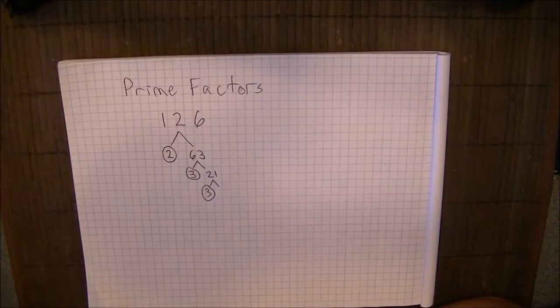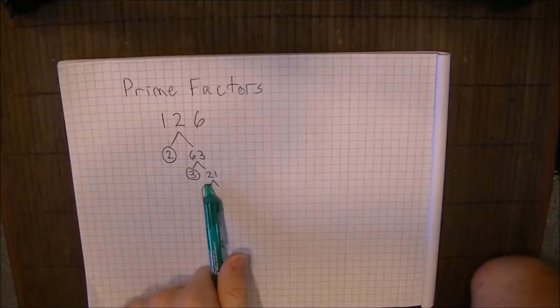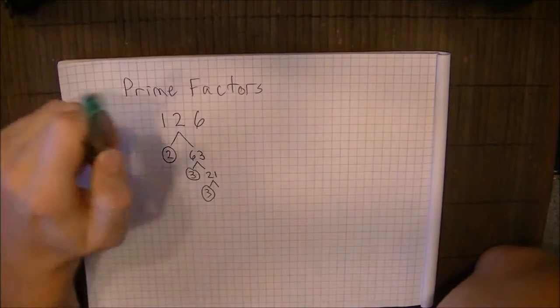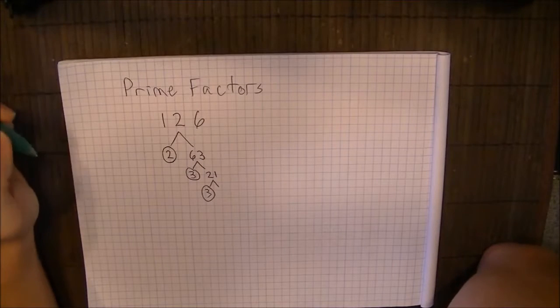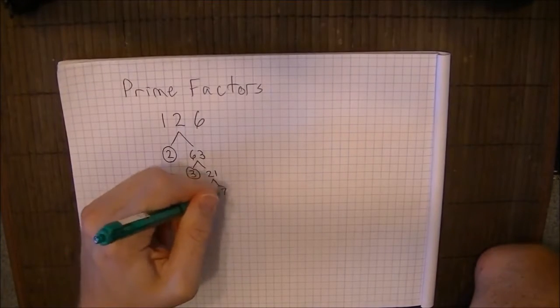Now, what is 21 divided by 3? Well, let's think about this. Hopefully you already know the answer to this because you've practiced your multiplication tables from the last lecture, and you should get that it's 7.